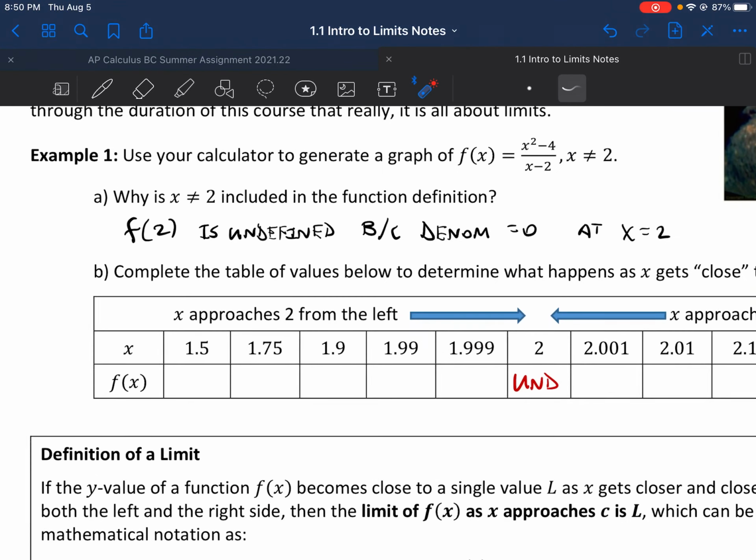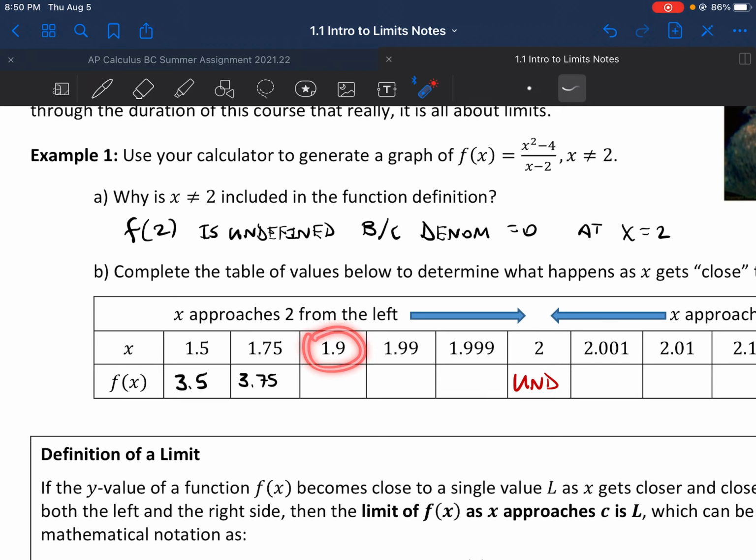If I approach 2 from the left side, we want to look at x values that are getting closer and closer to 2 from the left. So if I plugged in 1.5 into this function, x squared minus 4 over x minus 2, the value that we would get is 3.5. If I plugged in x equals 1.75, we would get 3.75 for the function value.